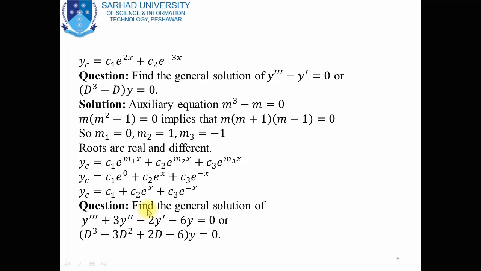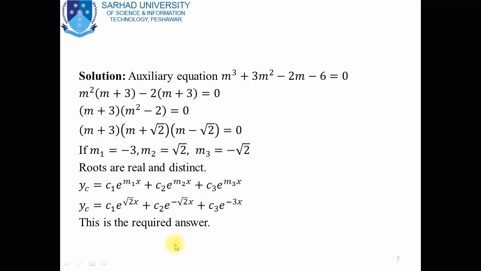Now in the third example, to find the general solution of this third order linear differential equation with constant coefficients, (D cube plus 3D square minus 2D minus 6) into y. Now the auxiliary equation for this differential equation is m cube plus 3m square minus 2m minus 6 is equal to 0.